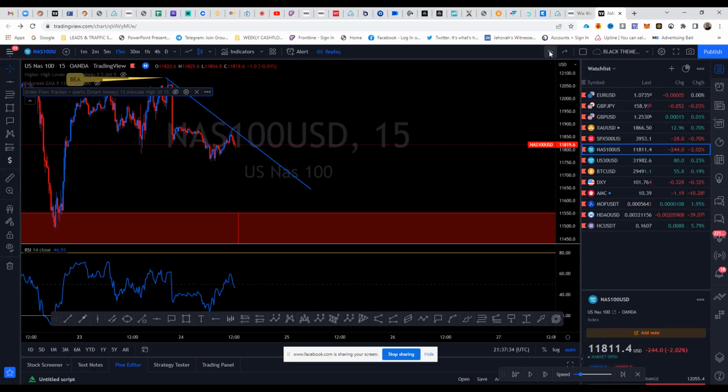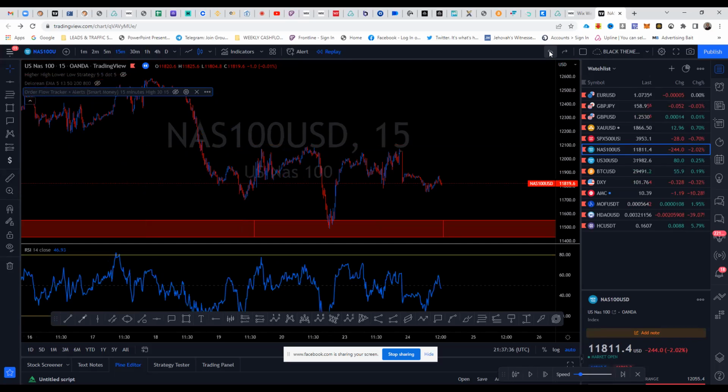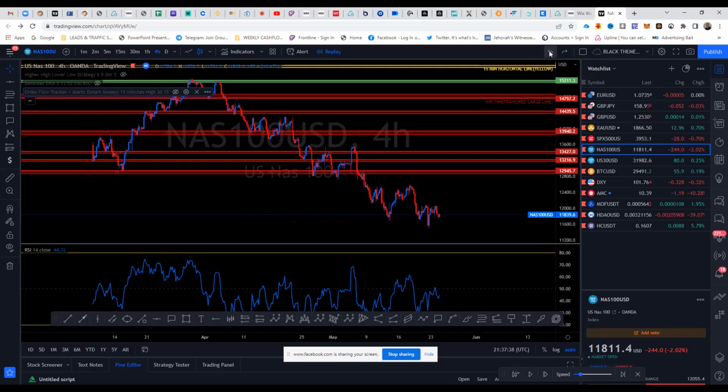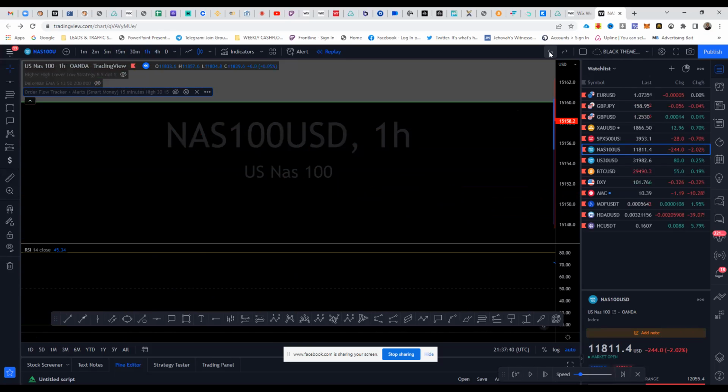I'm going to undo everything and go all the way back to the beginning where I had everything marked up, and I'm going to show you how I won this trade. So just give me a couple minutes here to do this.